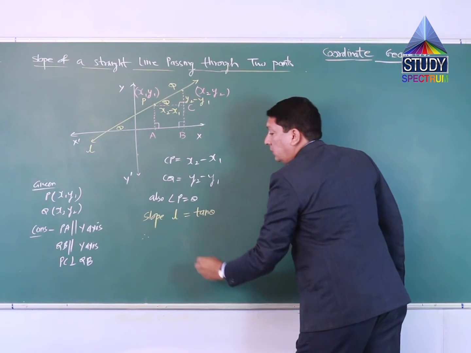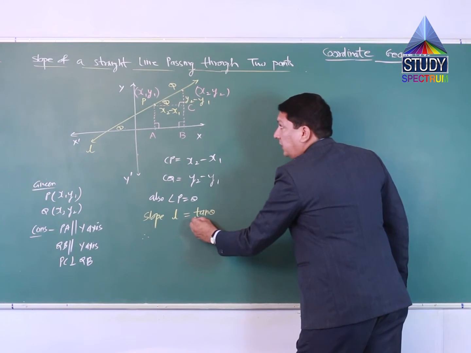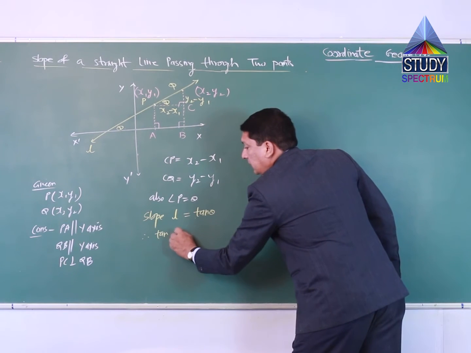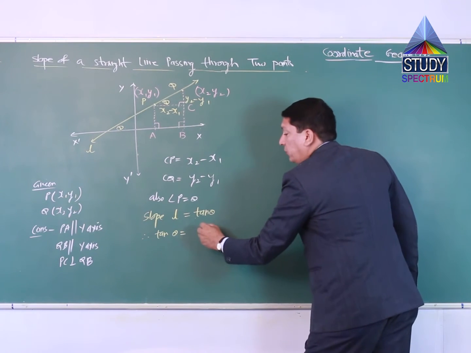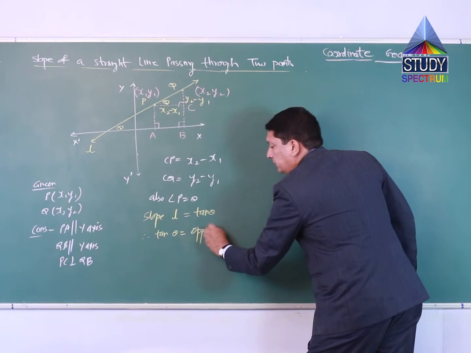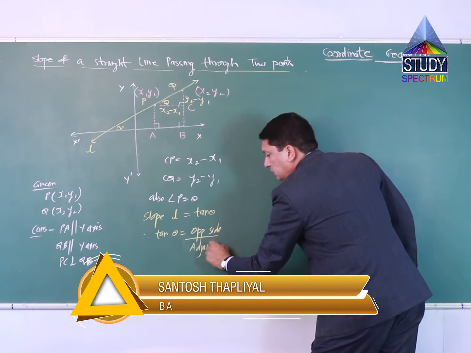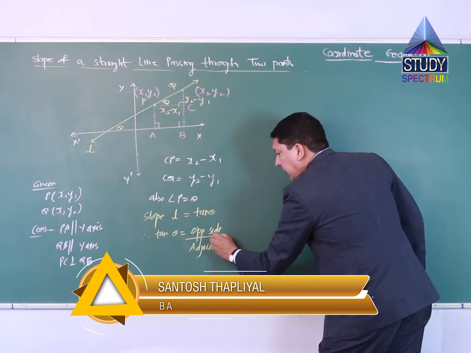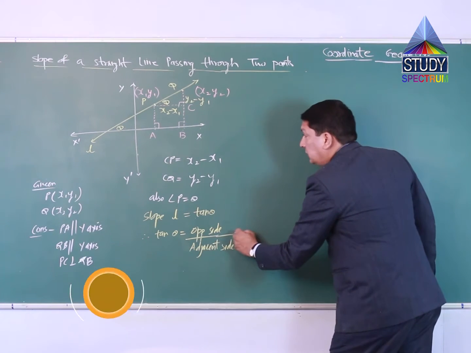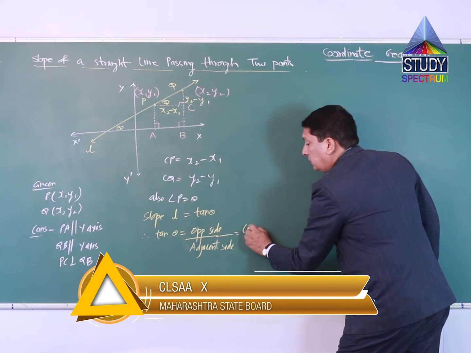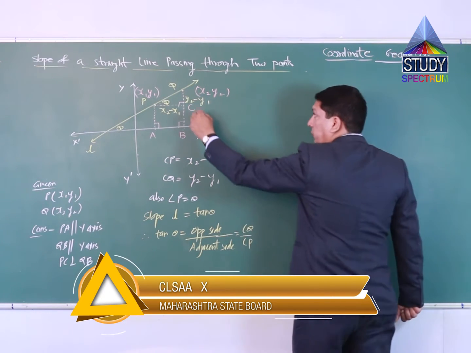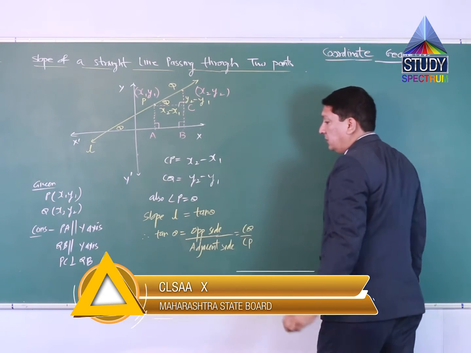Therefore, tan theta equals to opposite side upon adjacent side. That will equal to CQ upon CP, opposite side, adjacent side.